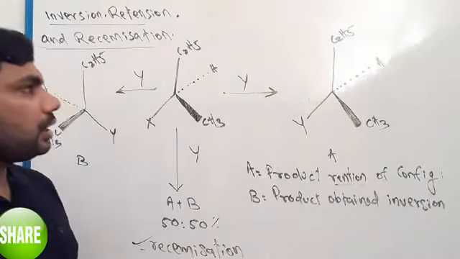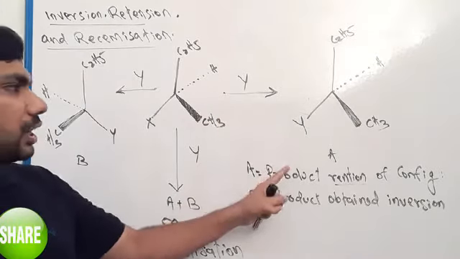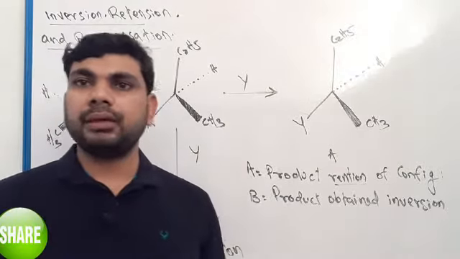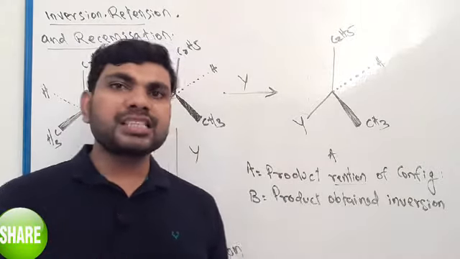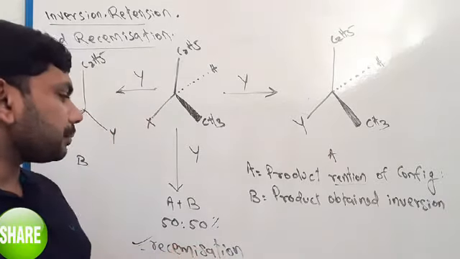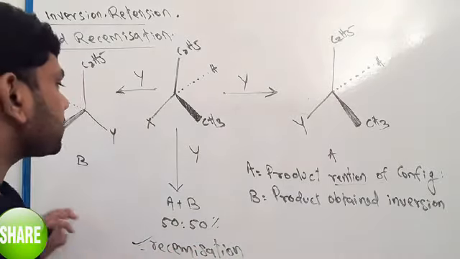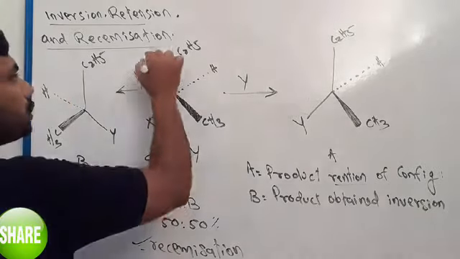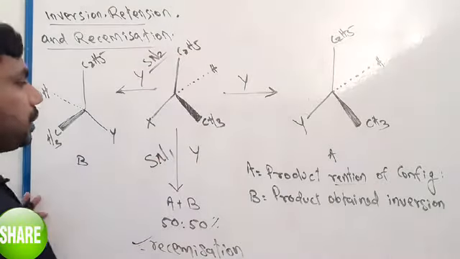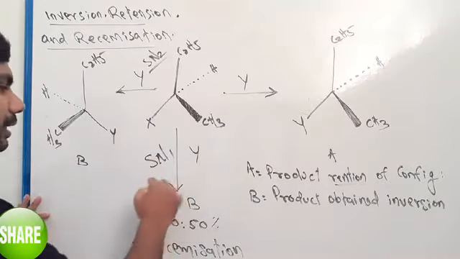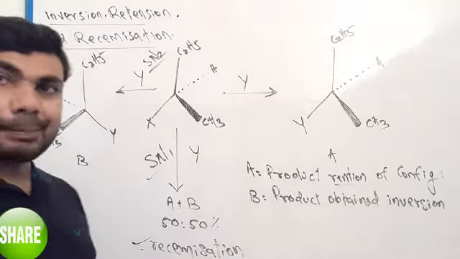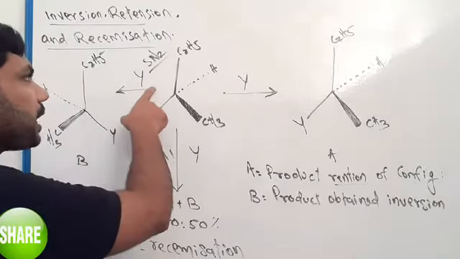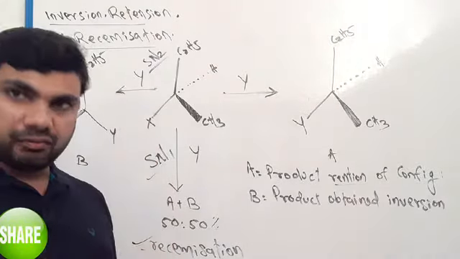Clear? So here remember, this is retention, inversion, and this process is called racemization, the process by which a racemic mixture is formed. Already we discussed that the SN1 reaction is racemization and the SN2 reaction is inversion. So the SN1 reaction comes in this category, racemization.